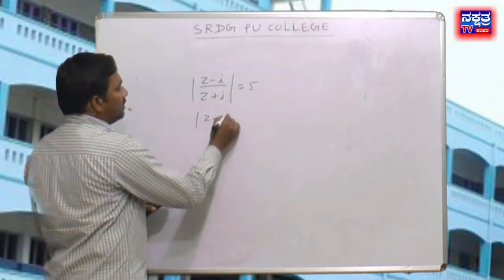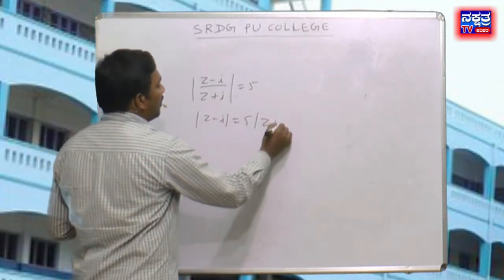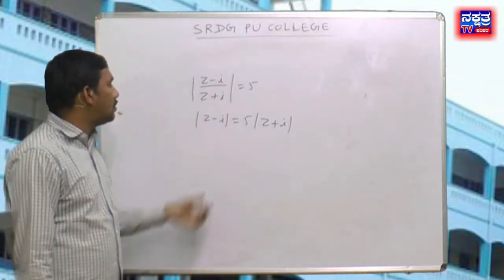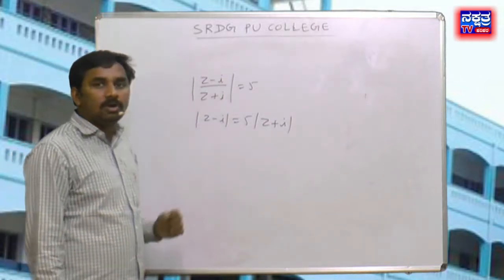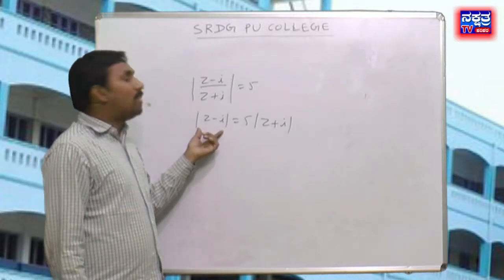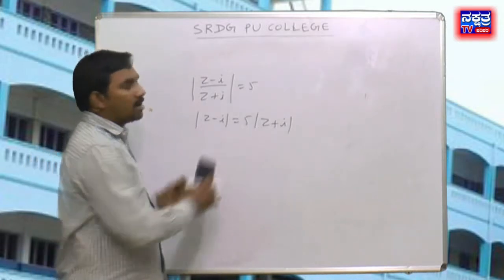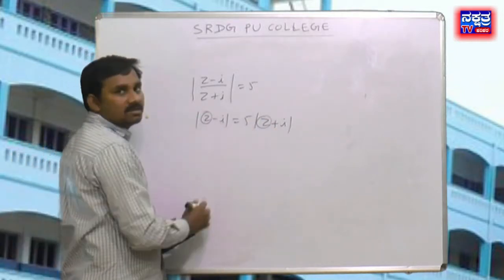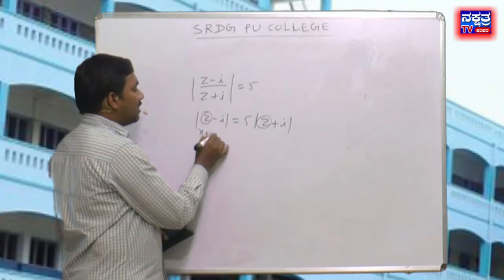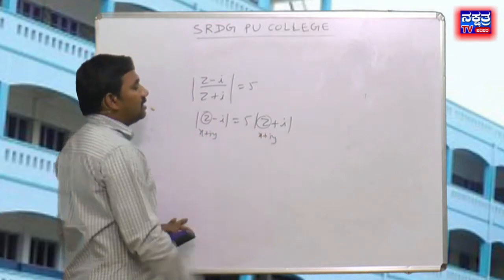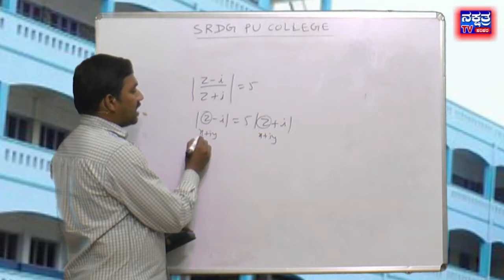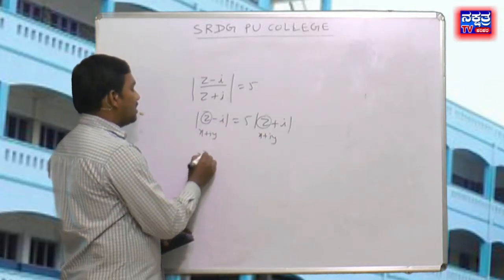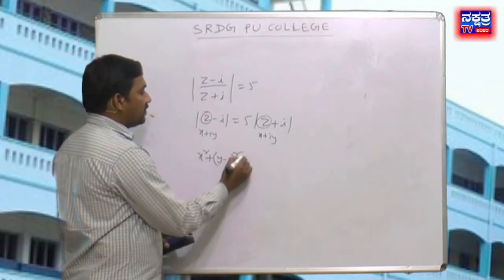Then mod of z minus i equals 5 into mod of z plus i, because mod z1 by z2 equals mod z1 by mod z2. So then we can take the cross multiplication. Now as I said, z equal to x plus iy. If you take x plus iy in place of z, then here the real part is x and the imaginary part is y minus 1. Then if you take the modulus and square, x square plus y minus 1 whole square.